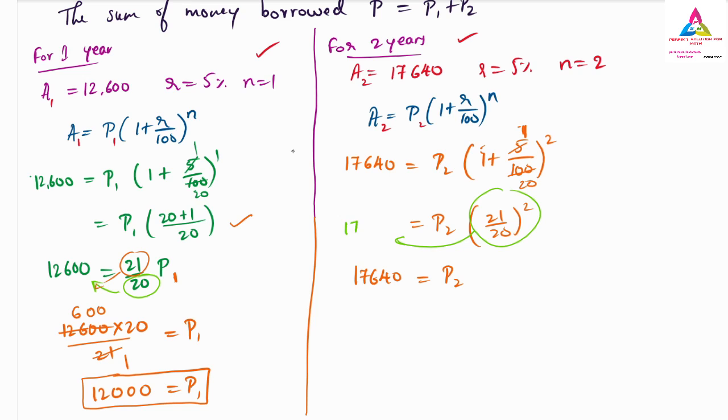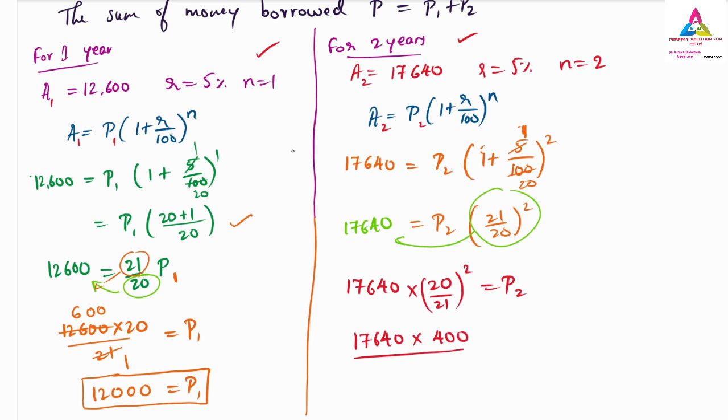So here we have 17,640, it will be the reciprocal, because it will save you one step, so directly I will write 17,640 into 20 goes up and 21 comes down, and the square will remain as it is, that is equal to P2. So here I will write 17,640, 20 squared is nothing but 20 into 20, or directly you can write 400, divided by below we have 21 squared.